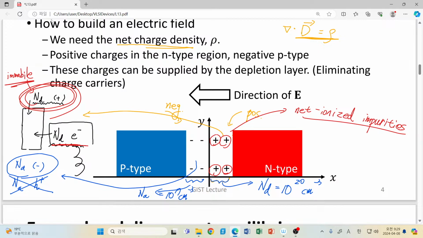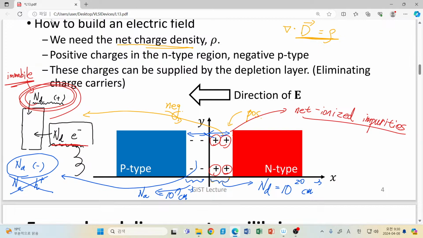And let's assume that the thickness of these two layers is the same. Then what will happen? Although the thickness is the same, one part is 1,000 times more highly populated, so charge balance cannot be obtained.